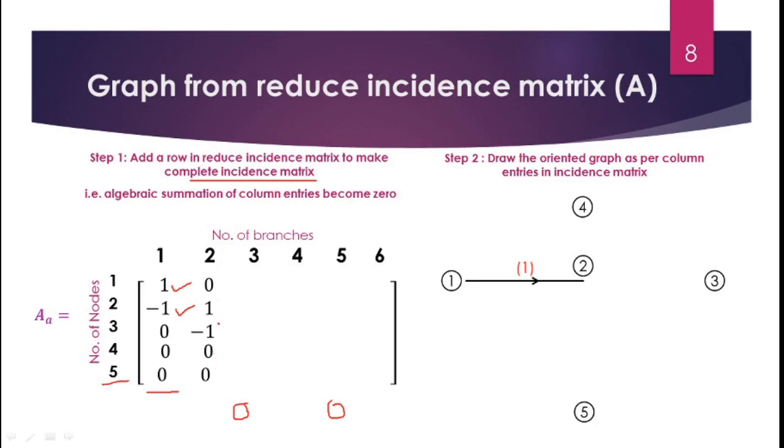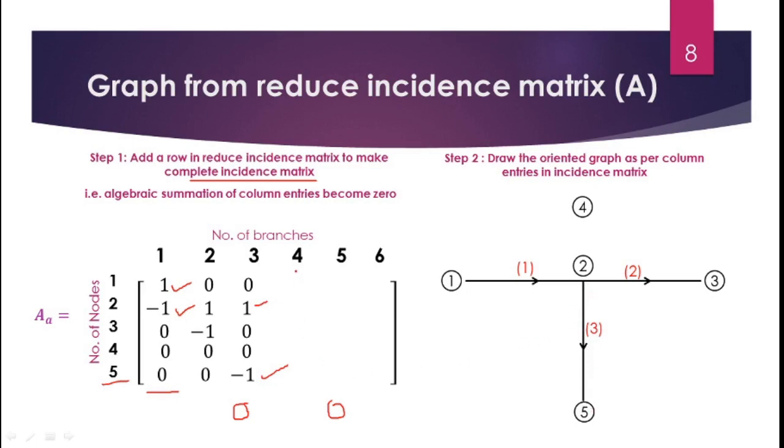It is between node 2 and node 3, incoming for node 3, outgoing for node 2. Then branch 3, column entry 0 1 0 0, is present between node 2 and node 5, incoming for node 5 (-1) and outgoing for node 2.